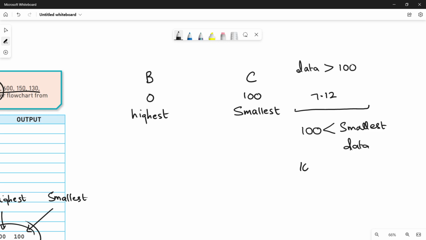Or in other words, 100 is less than 110, which is the smallest value of your test data. That's why you cannot modify variable C. I hope you are getting my point, because I already set the variable C to a smaller value than your test data's smallest value. That's why variable C will never be modified in this example.